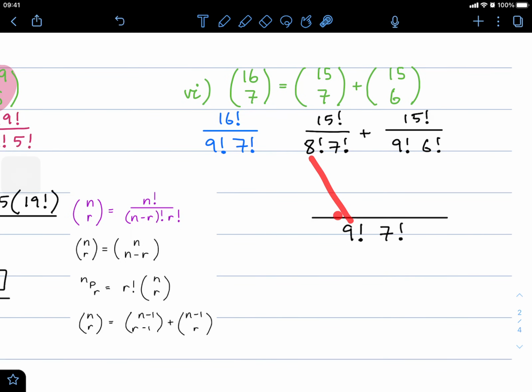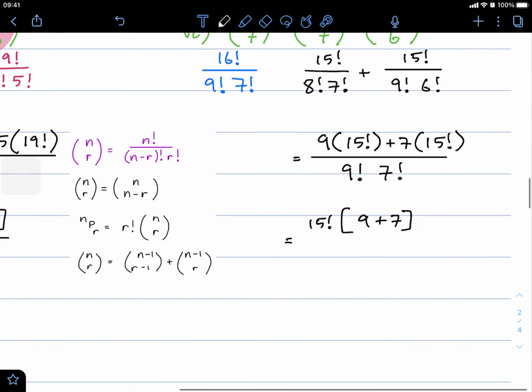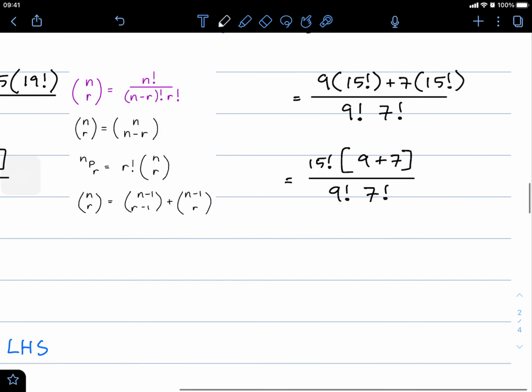The right-hand side, using the definition of a combination, is going to be 15 factorial over 15 take away 7 is 8 factorial times 7 factorial plus 15 factorial over 15 take away 6 is 9 factorial times 6 factorial. The lowest common multiple for the denominator is going to be 9 factorial and 7 factorial. For 8 factorial to become 9 factorial, we need to multiply it by 9. So 9 times 15 factorial. Likewise, for 6 to become 7, we need to multiply it by 7. 7 times 15 factorial. Factoring out that 15 factorial, 9 plus 7 over 9 factorial, 7 factorial. 9 plus 7 is 16.